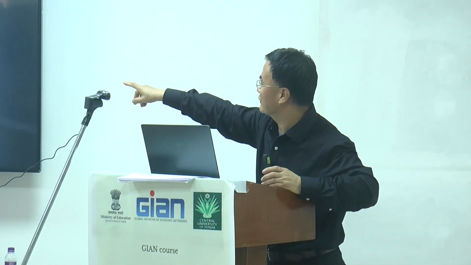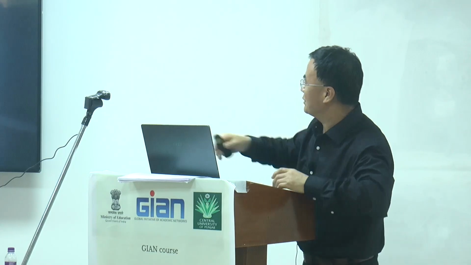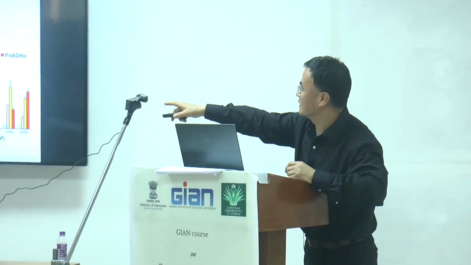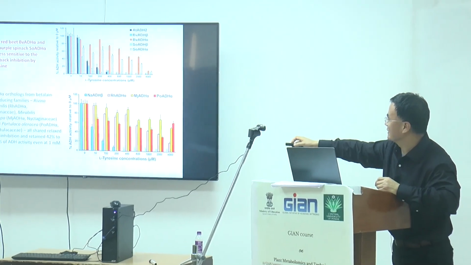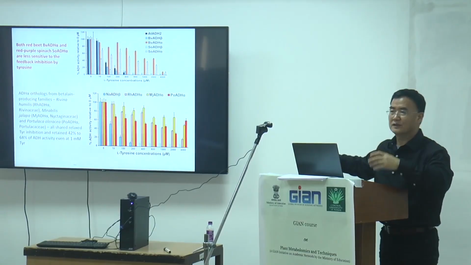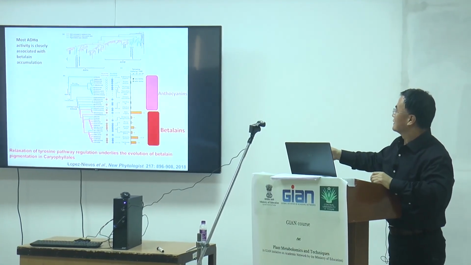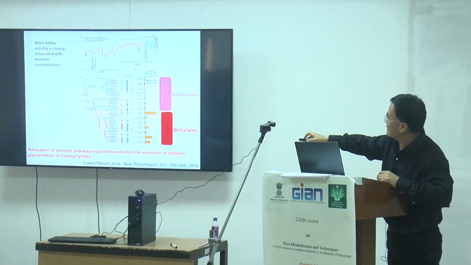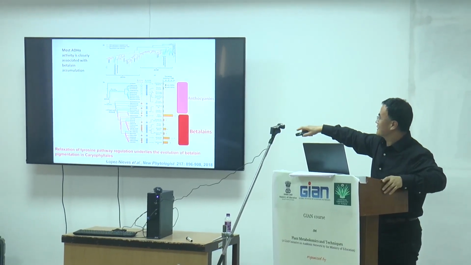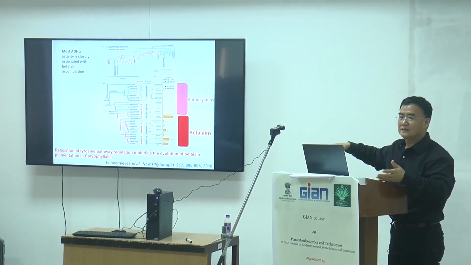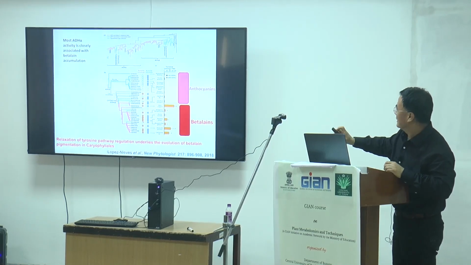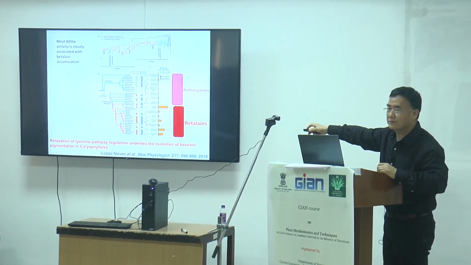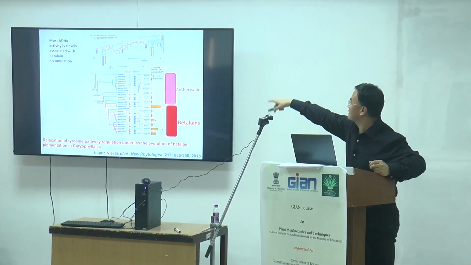This also compared with the other, more betalain-accumulating plants, I think some of the cultivated plants. So ours shows less sensitivity to tyrosine. So this idea is very important. They also analyzed the different plants, the ADH and the tyrosine content. They found that all the betalain-producing plants have much higher tyrosine, look at this side.